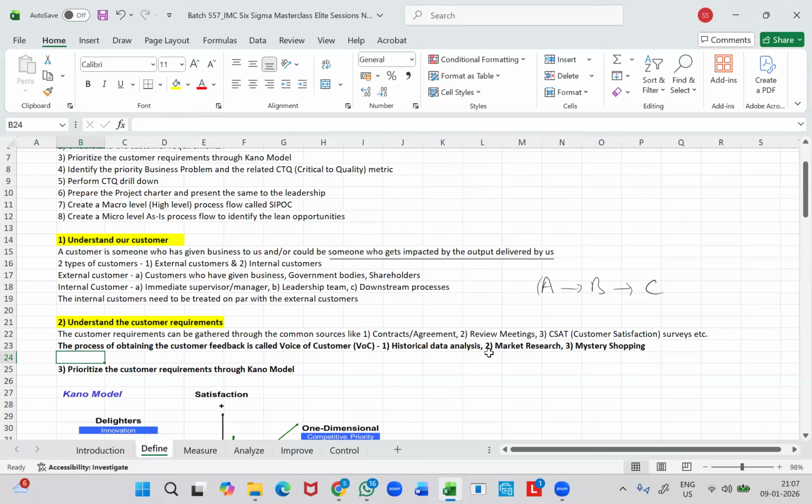Apart from that, we have this historical data analysis. So what is this historical data analysis? Let me give you a simple example. The customer has given the accuracy percentage target as 99%, right? I'm considering accuracy percentage as the metric here because all of you would be able to understand this, because almost all of you would be tracking this metric as part of your process performance as well, right?